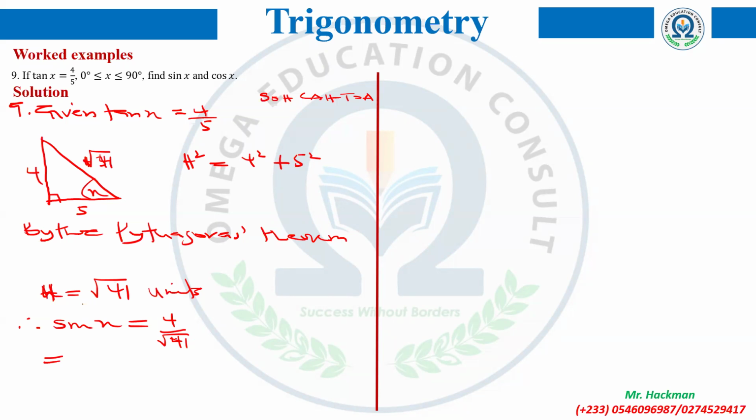So this calls for rationalization. You are going to get 4 over root of 41, times root of 41 over root of 41. All correct. Which in effect will give us 4 root 41 over 41.